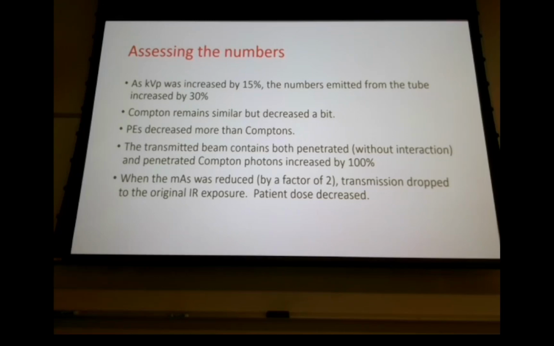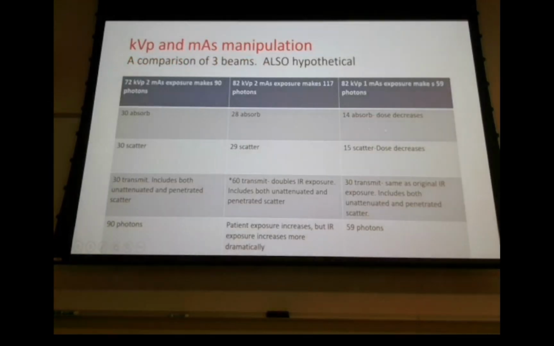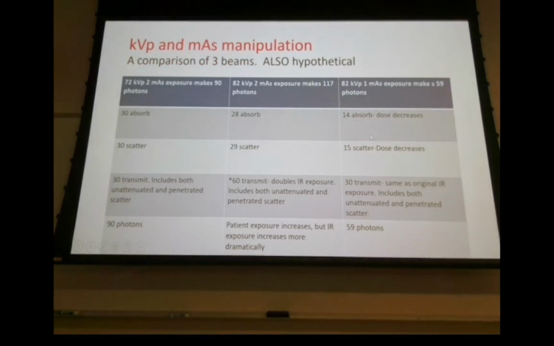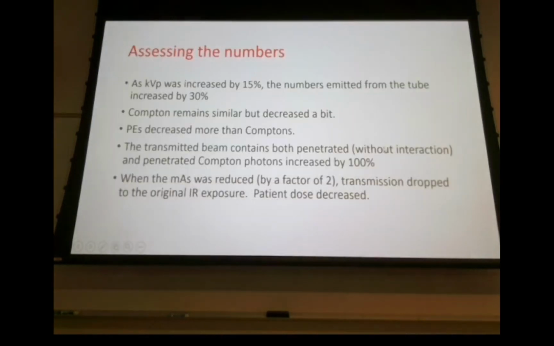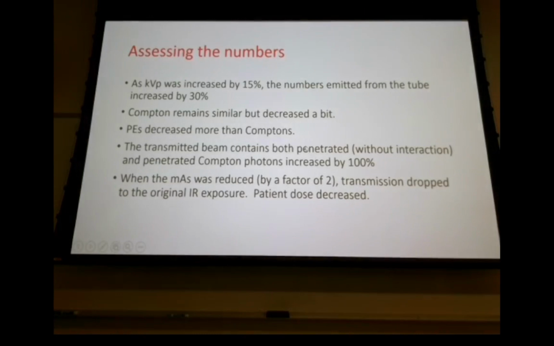It's just unfortunate that as kVp goes up, more of those Comptons penetrate the patient. So PEs decreased more rapidly than Comptons, so rolling that back up, we lost more PEs than we did Comptons. The transmitted beam contains both of those, and we're gonna have to deal with that at some point. And when mAs is reduced, patient dose decreased pretty dramatically, right?